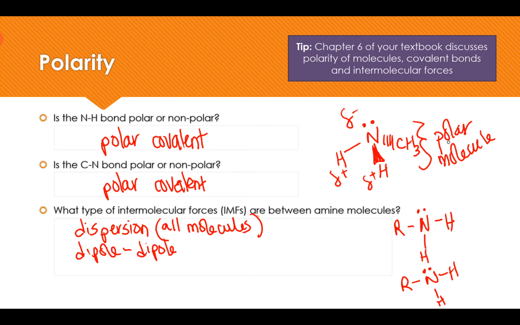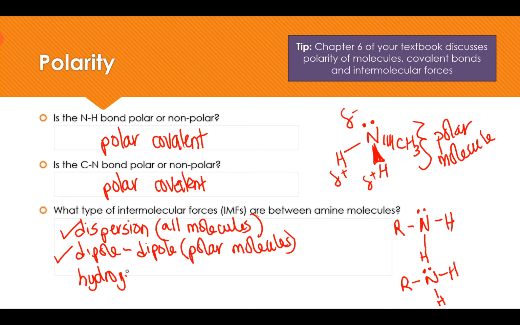And since we do have this polar geometry, trigonal pyramidal with the lone pair, this is a polar molecule. So we got dispersion, we got dipole-dipole. What about hydrogen bonding?